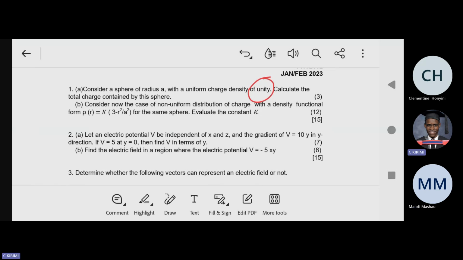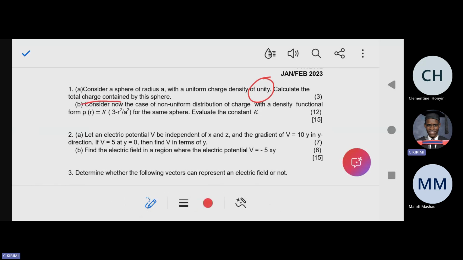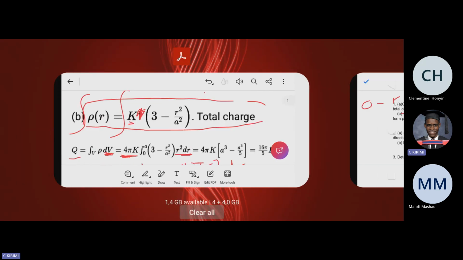How are we going to set up that integral? If the total charge is contained by this sphere, which means it's inside, it's 0 to a. The maximum is the end point of the radius, so a and r are equal.